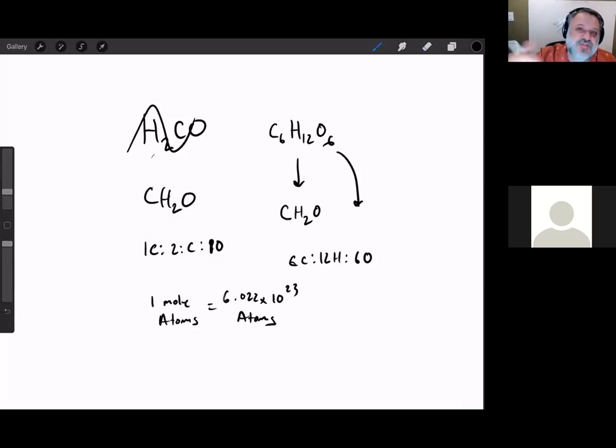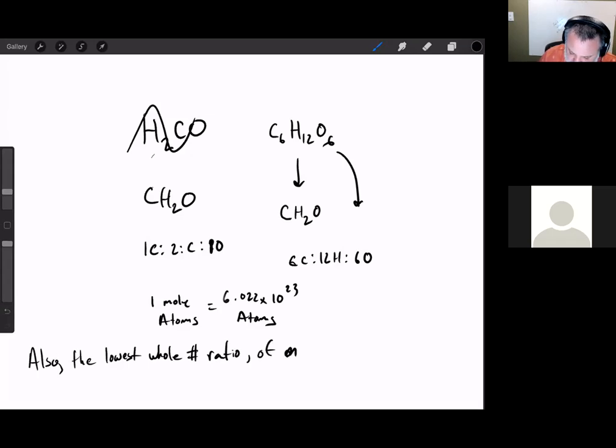So I want to tie that into empirical formulas in the following way. If an empirical formula is the lowest whole number ratio of atoms, then it's also the lowest whole number ratio of moles of atoms.